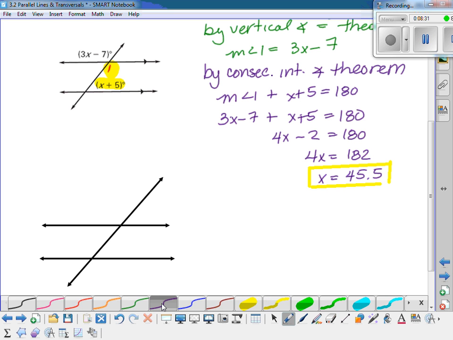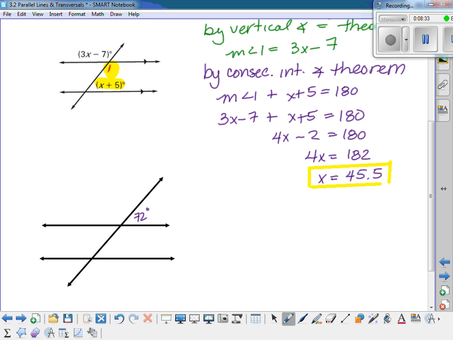Okay, so if this is 72 degrees and we have 7x plus 24, I want you to find the value of x. So go ahead and pause the video and solve this on your own.